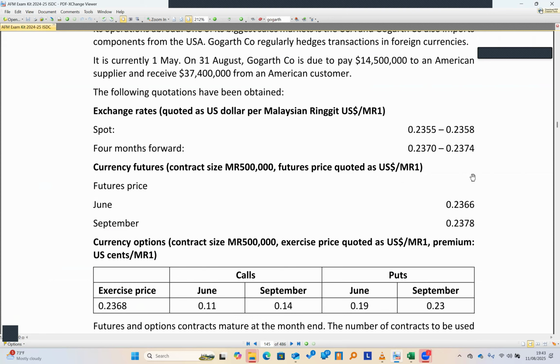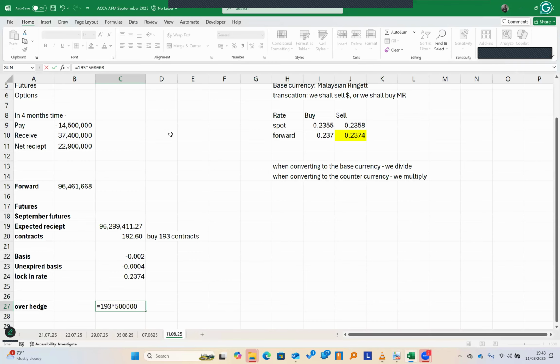But on the selling side, 2374. So that gives you how much you would get as overhedge. So if you compare that with the figure that the net receipt, that should tell you how much you have under or overhedged.